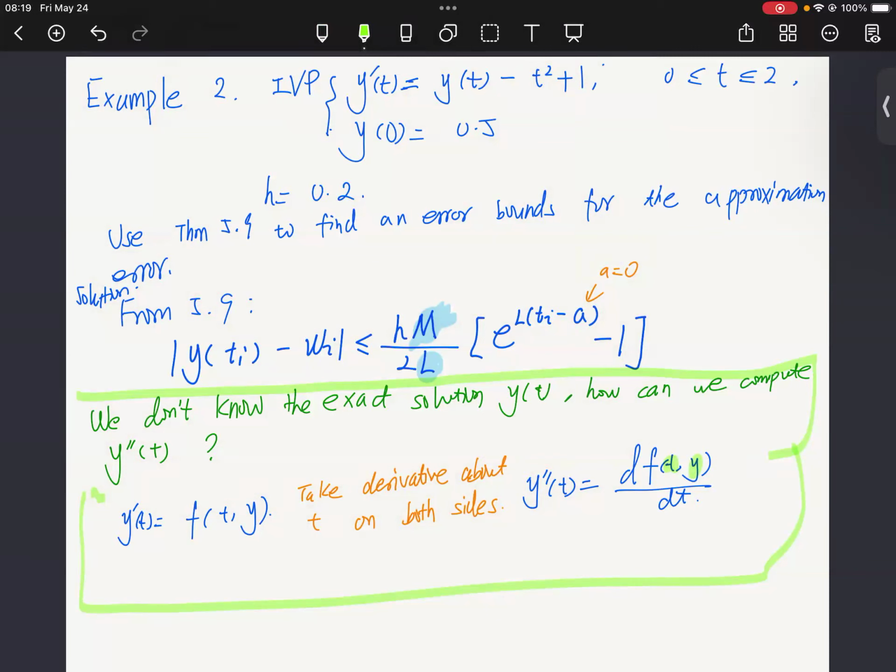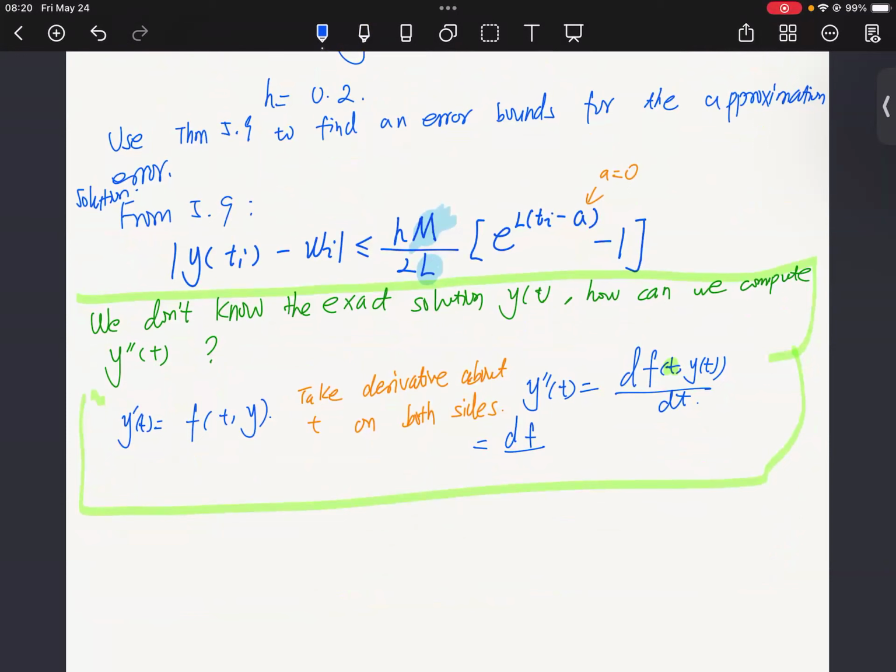And something you need to be very careful about is that y is also a function of t. So when you take the derivative with respect to the time t, you need to get the derivative with respect to the t variable, and also the derivative with respect to y, times f(t, y), y'(t).